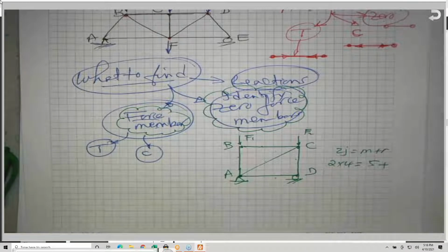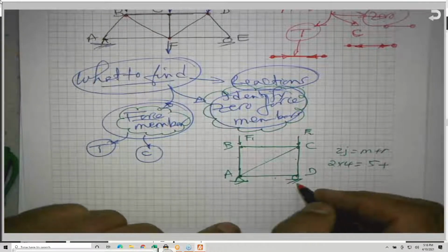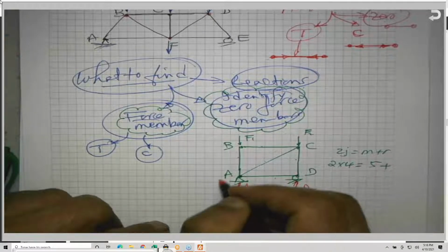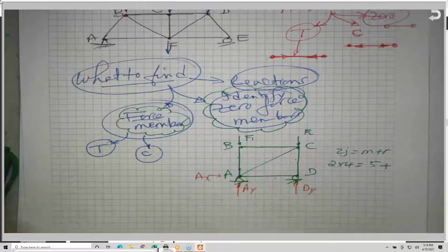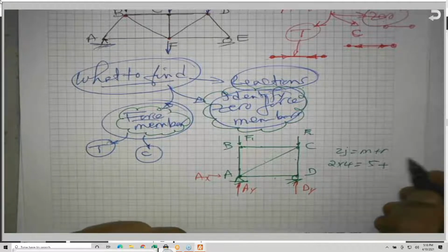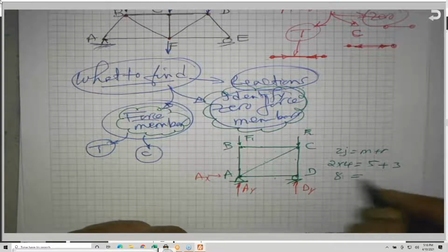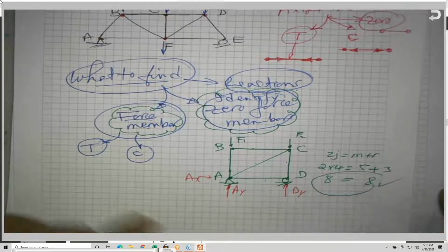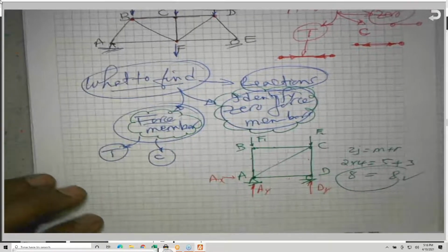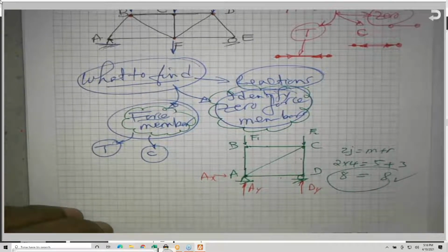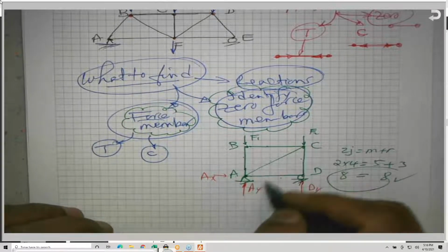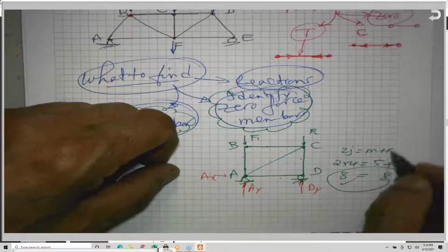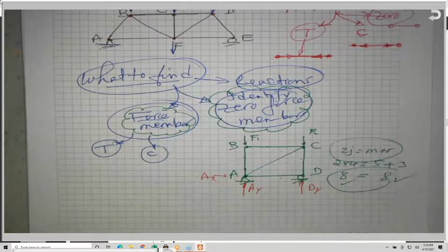I have 3: D sub Y, A sub Y and A sub X. If we add the 3 to the 5, this gives 8, and 8, bingo. This is a statically determinate and stable truss. I can find all the forces on all these members, because 2J equals M plus R.